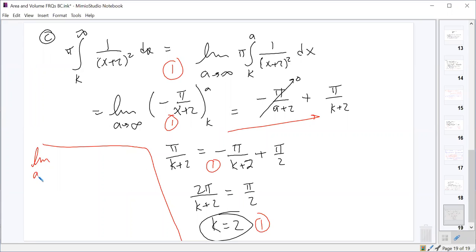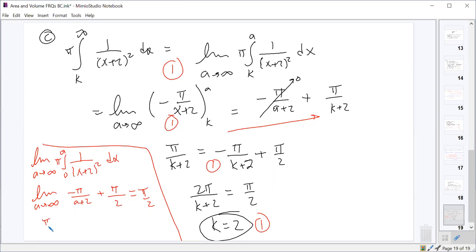He said the limit as a approaches infinity of the integral from 0 to a of 1 over x plus 2 squared dx, which gave you the limit as a approaches infinity, I keep forgetting my pi, of negative pi over a plus 2 plus pi over 2, and found that the total area was pi over 2. He said that then that means that each piece of it has to be half of it.